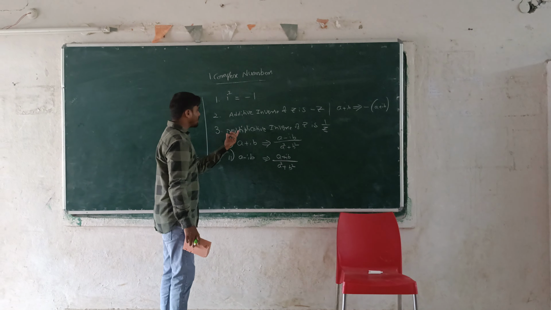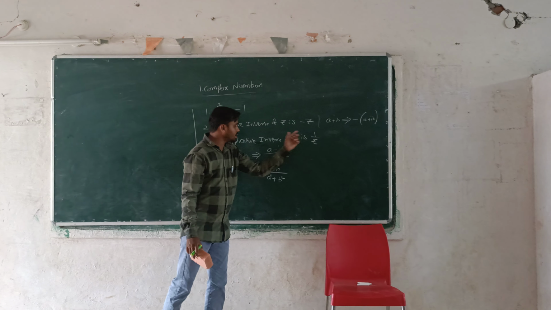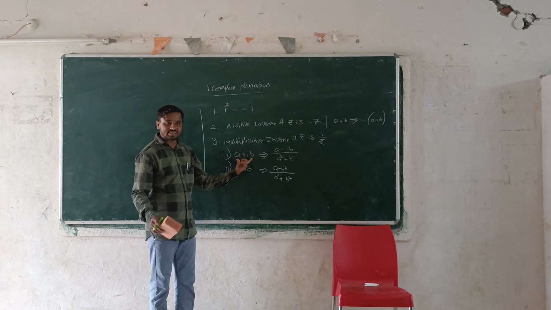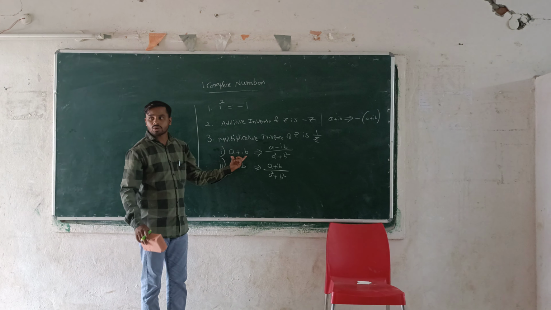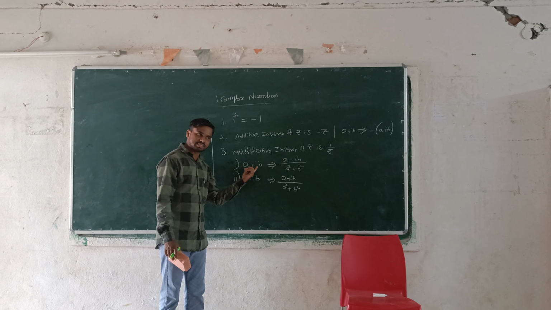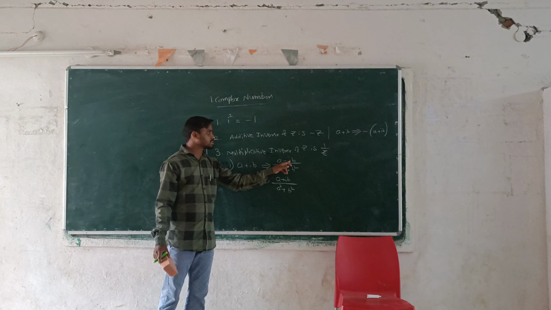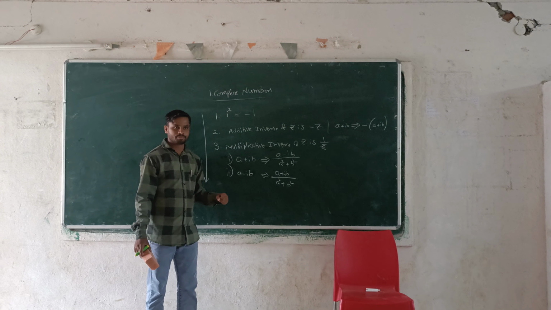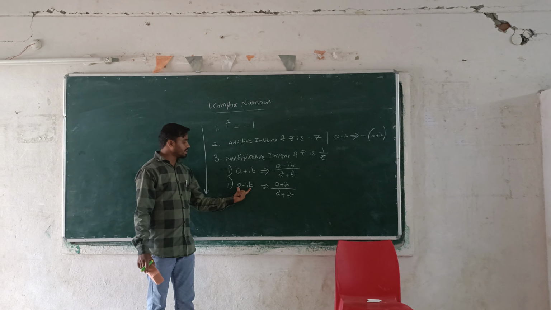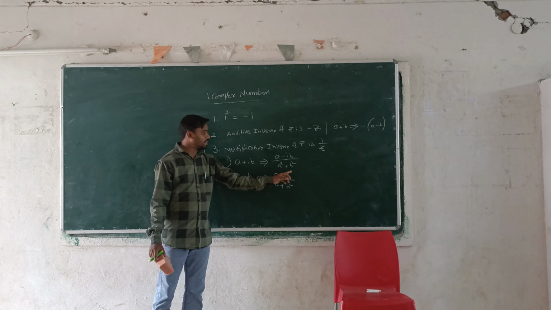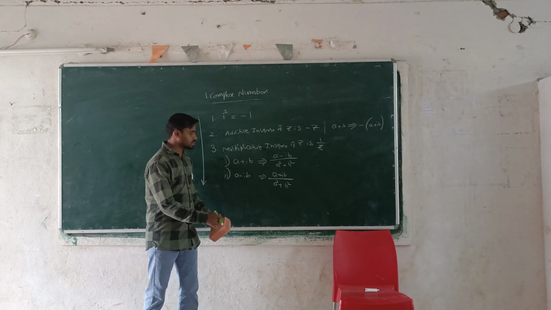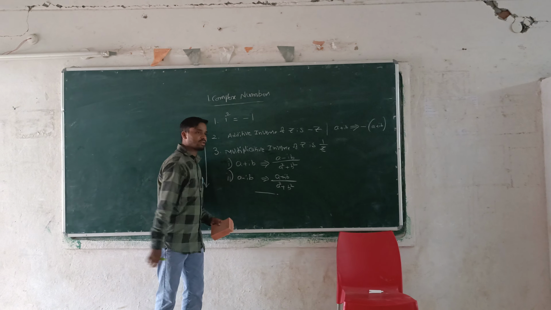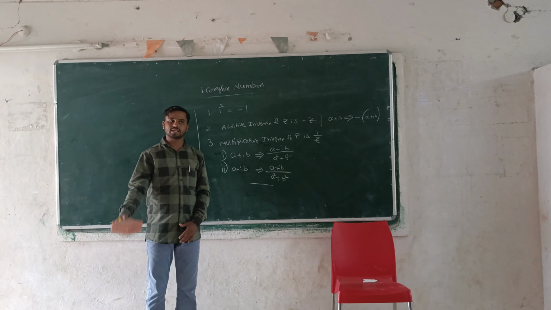Okay? And the multiplicative inverse of z is 1 by z. So here, given z is a plus ib, you will get the multiplicative inverse of the given z as a minus ib by a square plus b square. Okay? And for a minus ib, it is a plus ib by a square plus b square. So this is enough for today's session, and we will meet in the next session. Okay?